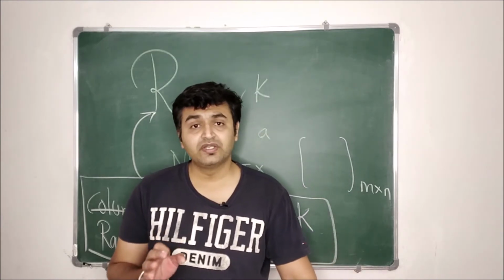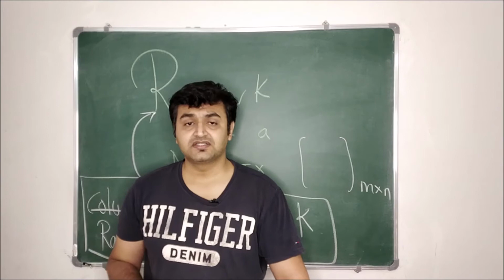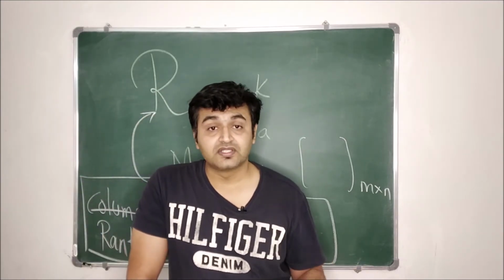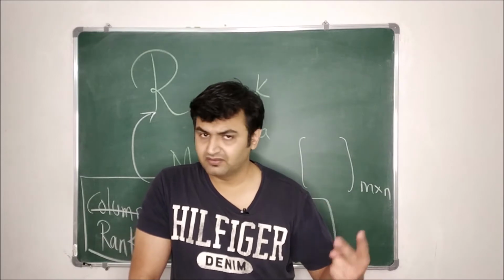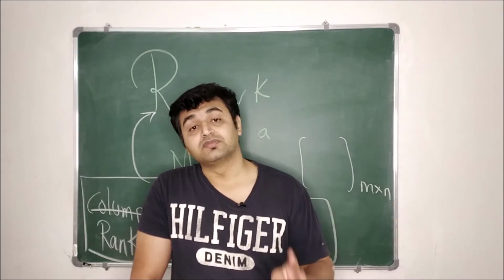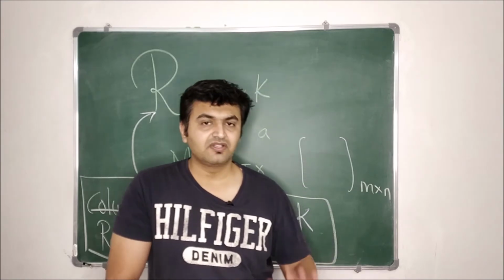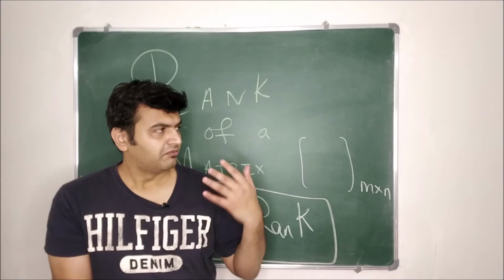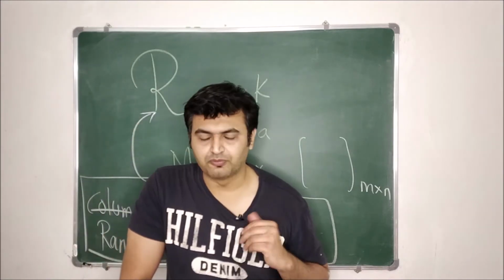So simply doing elementary row operations, once you get the reduced form, you can tell four things: row rank, column rank, which is always equal, which rows are independent and which columns are independent. That's why I always prefer row operations. You can also go by column operations, but I'll be doing an example using row operations.